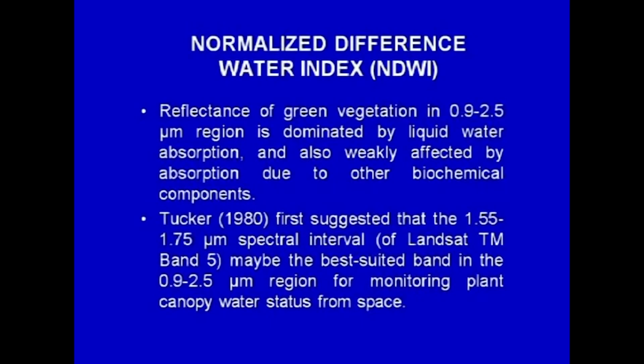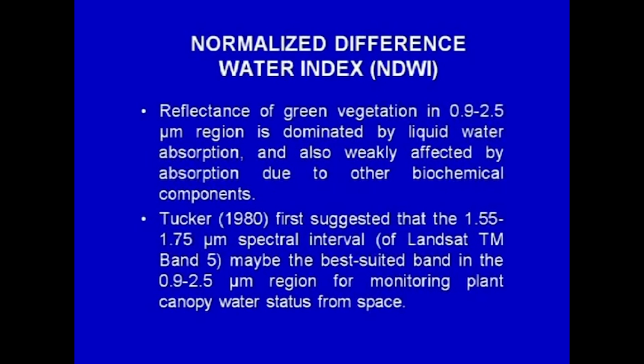So, let us discuss the first special index, that is the normalized difference water index, or in short NDWI. It is observed that the reflectance of green vegetation in the region of 0.9 to 2.5 micrometers is dominated by liquid water absorption and also weakly affected by absorption due to other biochemical components.